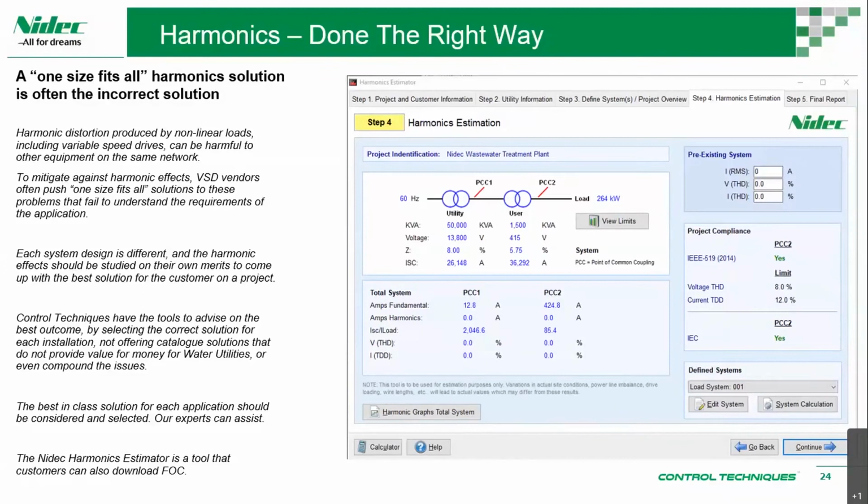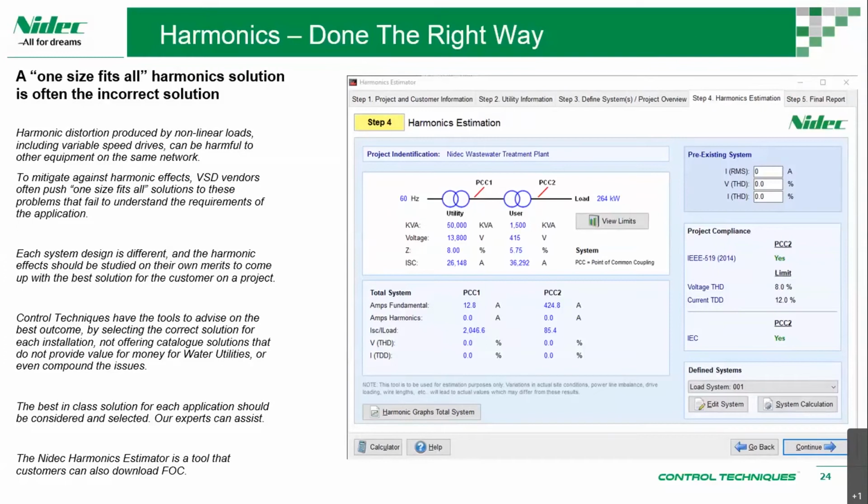Now, when we look at different installations, the one thing we can see is that often no consideration is really given to the process or the specific system, say a raw water pumping station or a wastewater treatment plant. There's just a specification for low harmonic drives, for example.